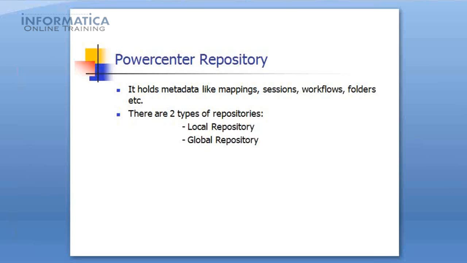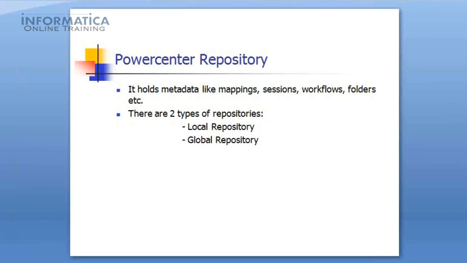So if I create any object under the local repository, I can share those objects within the same repository. I cannot share across multiple repositories. Whereas if I create any object under the global repository, I can share my objects to each and every repository. It's just like global access, whereas local repository is just local access. Okay.